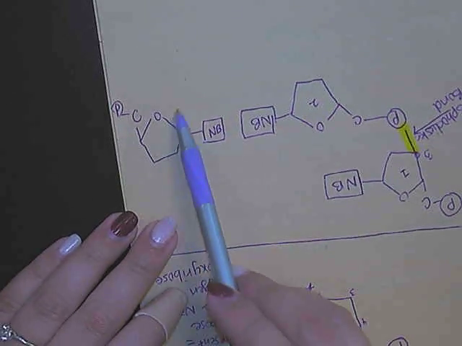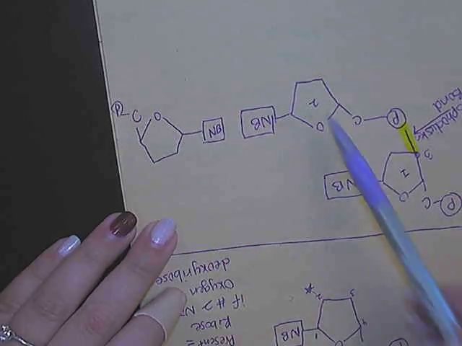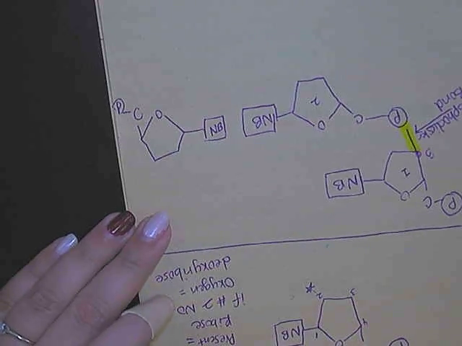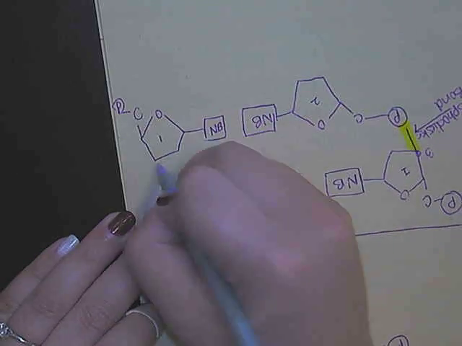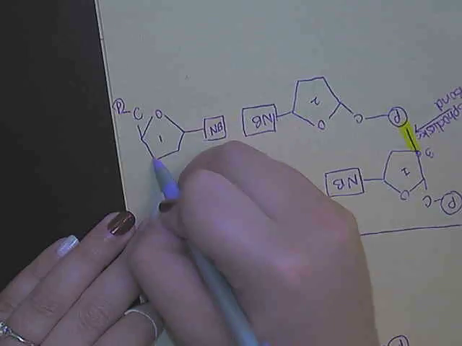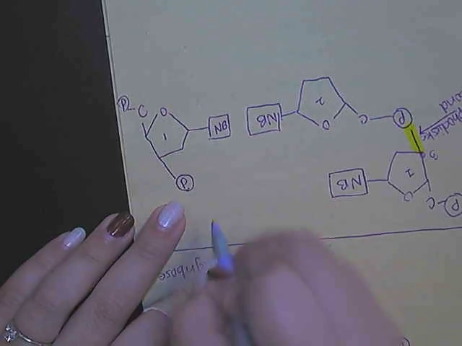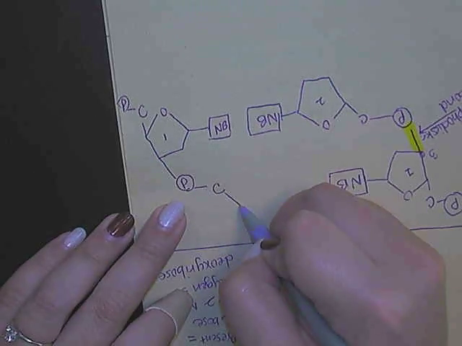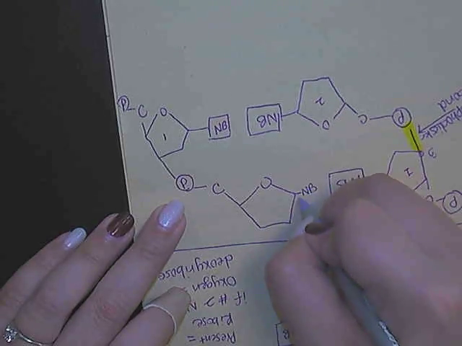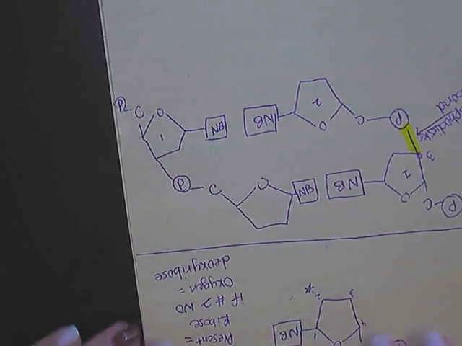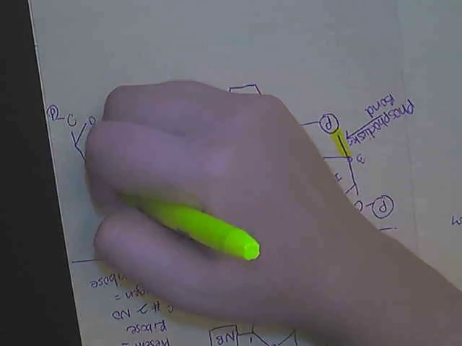There's a nucleotide: I've got a 5-carbon sugar, a nitrogenous base, and that phosphate group, and it's upside down compared to this one. The same rules are going to apply. That phosphodiester bond is going to form between this nucleotide and a second one. So I'm going to start at carbon number 3. There's my phosphodiester bond. There's the phosphate group of the second nucleotide. There's my second nucleotide, and there is my phosphodiester bond.